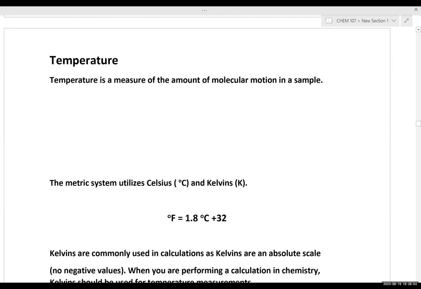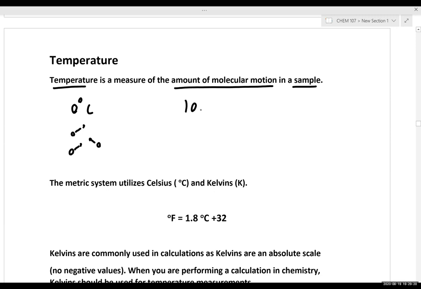And this is related to temperature. First and foremost, temperature is a measure of the amount of molecular motion in a sample. So at 0 degrees Celsius, we have a relatively small amount of molecular motion.